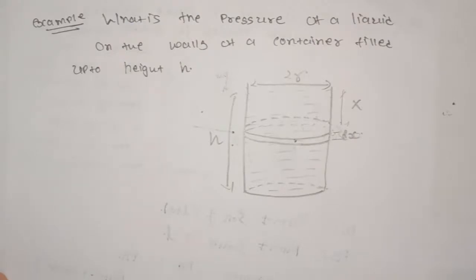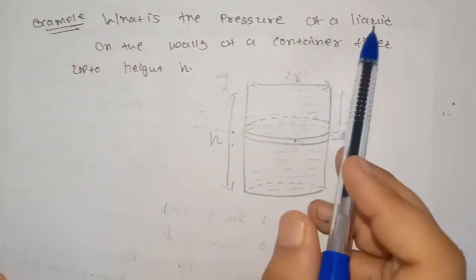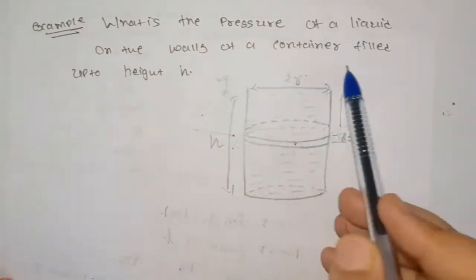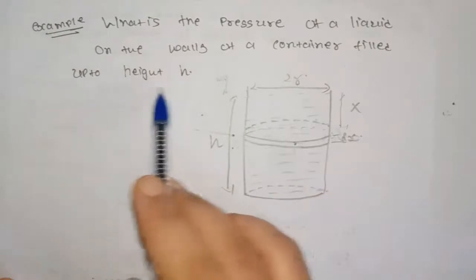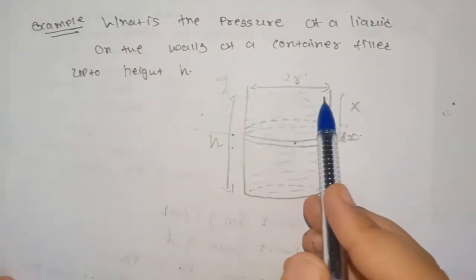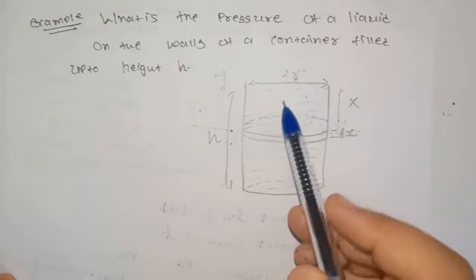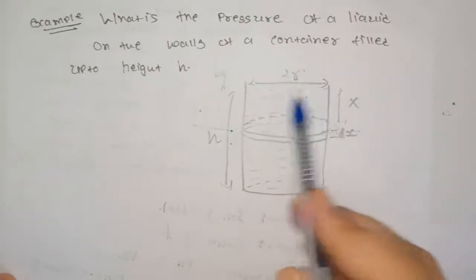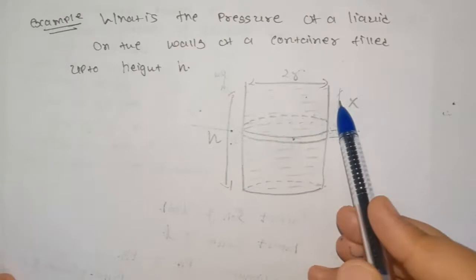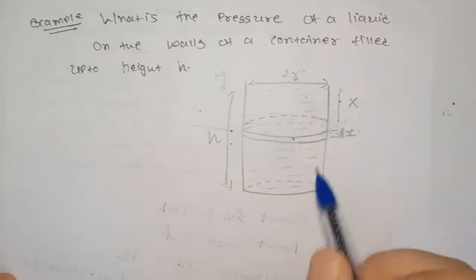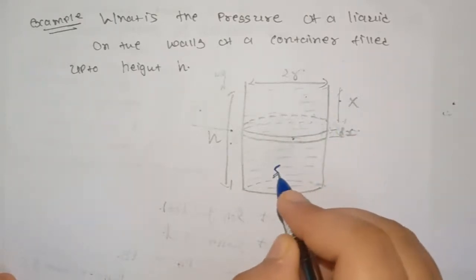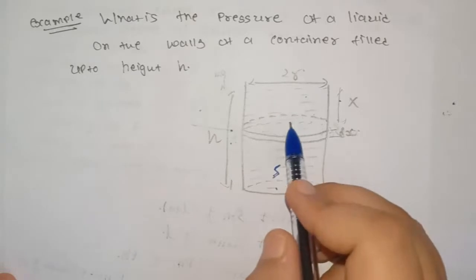In this example, we want to find the pressure of a liquid on the walls of a container filled up to height h. Let us consider a cylindrical container of radius r, so diameter will be 2r, filled with a liquid of density rho up to height h.